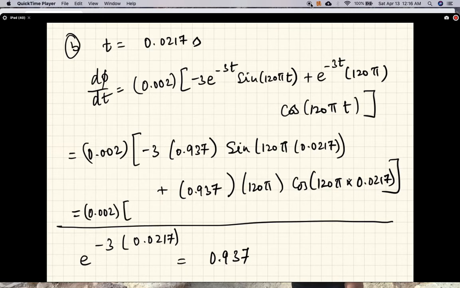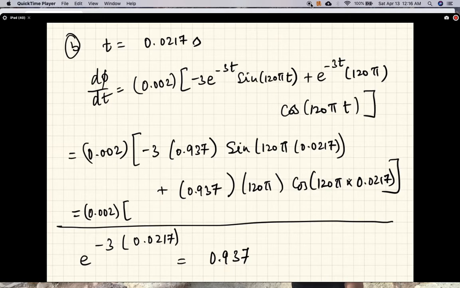So let's take sine of 120 pi times 0.0217.